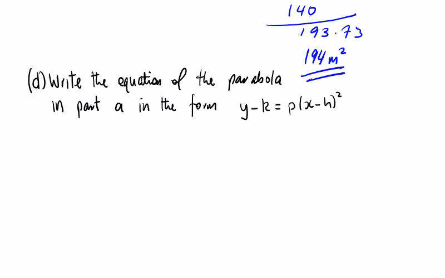In part D, we're asked to write the equation of the parabola in this form: y minus k is equal to p times x minus h to be squared. Don't get confused by this, just write down the equation first, the way it's given to us: minus 0.013x squared plus 0.624x. We tried to simplify it earlier, and we got 48 when we divided 0.624 by 0.013.